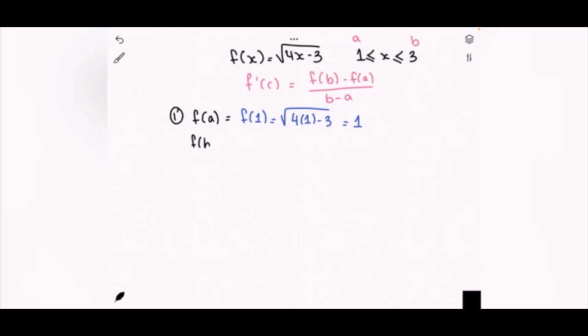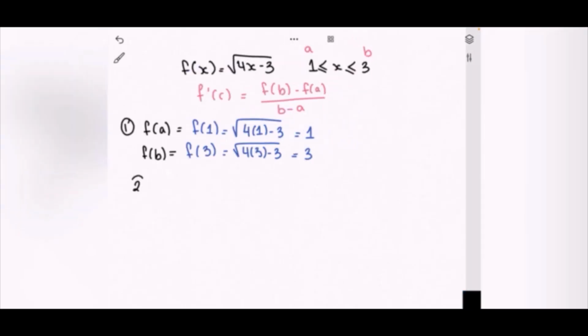And f of b is equal to f of 3 equals square root of 4 times 3 minus 3, which is equal to 3. And then the second step is to find the derivative of f of x.